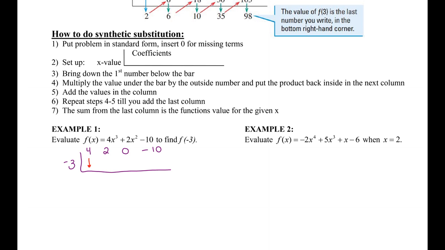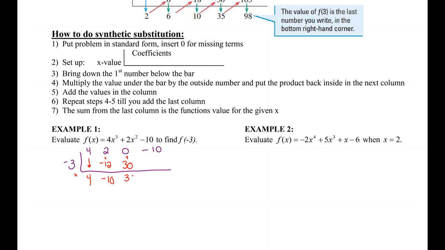You're going to bring down the first term and multiply it by the number out front, so I get -12. I'm going to put that in the next column and add these numbers together to get -10. -3 times -10 gives me a positive 30.